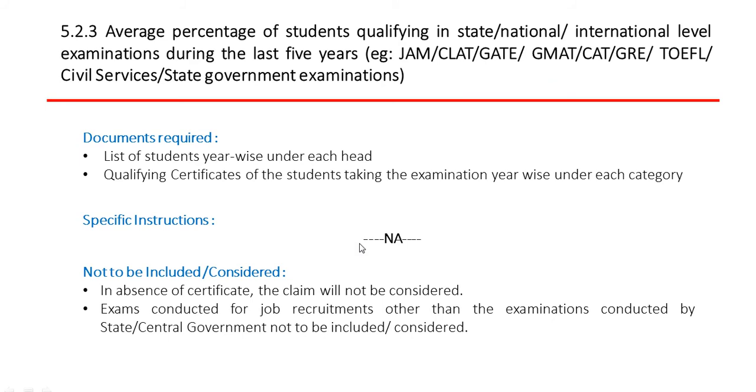There are no specific instructions, but what should not be included or will not be considered by DVV in this metric is in absence of certificate, the claim will not be considered, and exams conducted for job recruitments other than the examinations conducted by state or central government should not be included or will not be considered here.